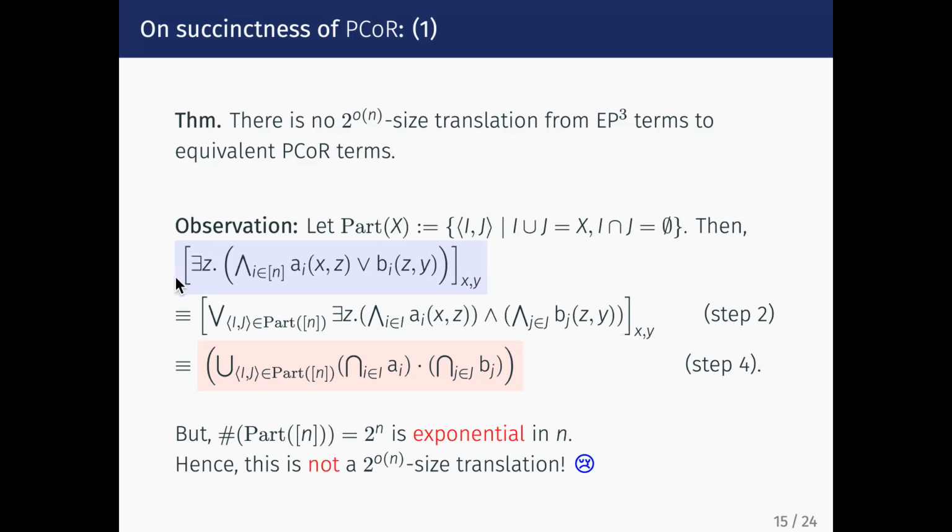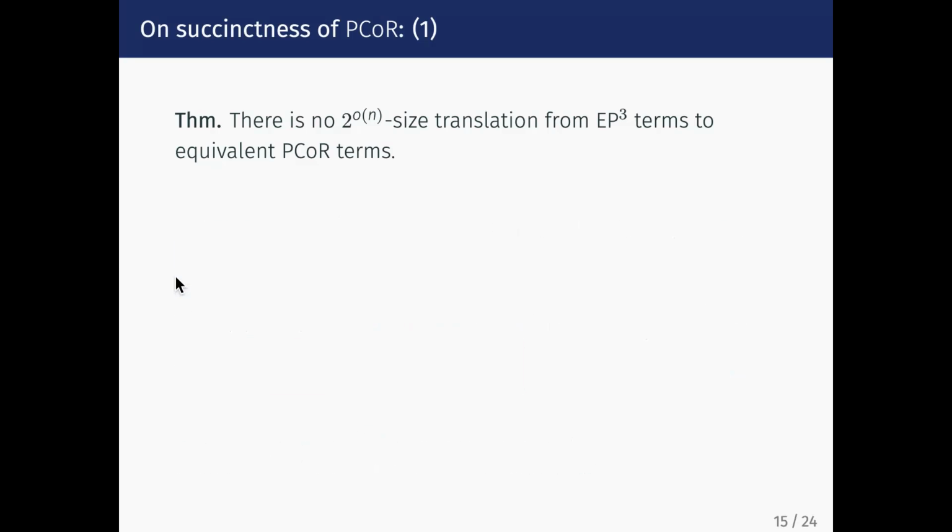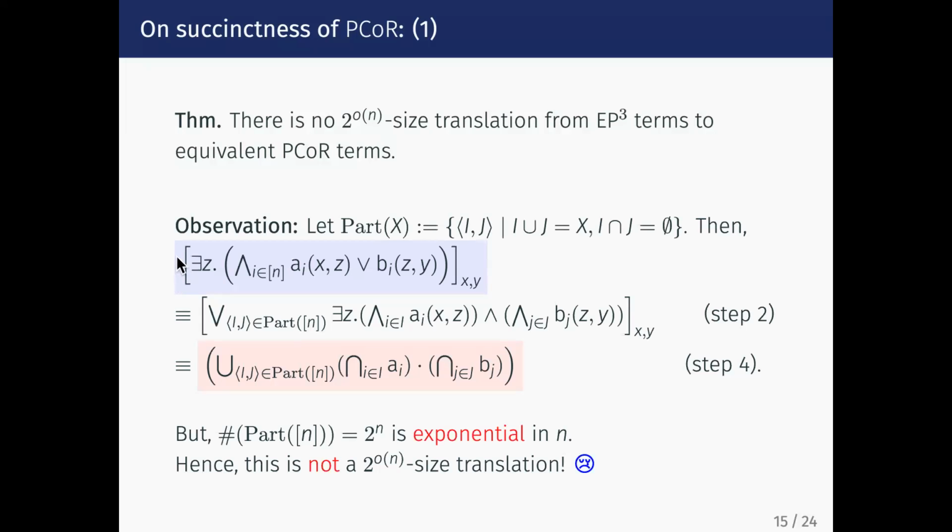This term can be translated into a PCOR term by using step 2 and step 4. Here, the pair i, j is a partition of the set n. Because the number of partitions of the set n is exponential, the size blows up exponentially, unfortunately, from here to this.